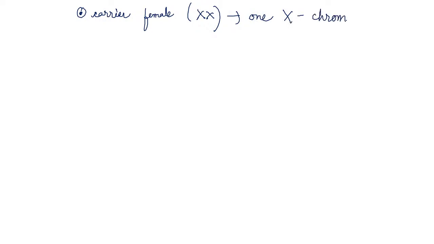Some more symbols are there, like if it is a carrier female, this one is a carrier female. Why? Because the female has two X chromosomes, and when one X chromosome of the female is affected, then the female is not diseased, but the female is a carrier.